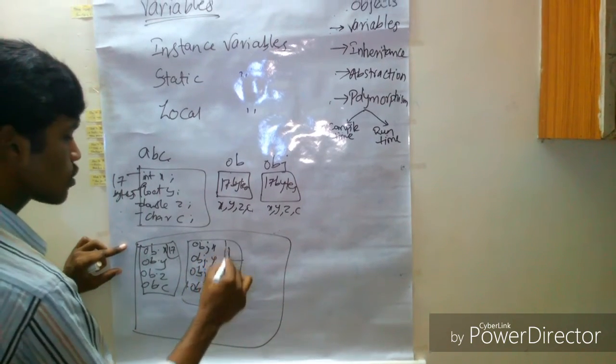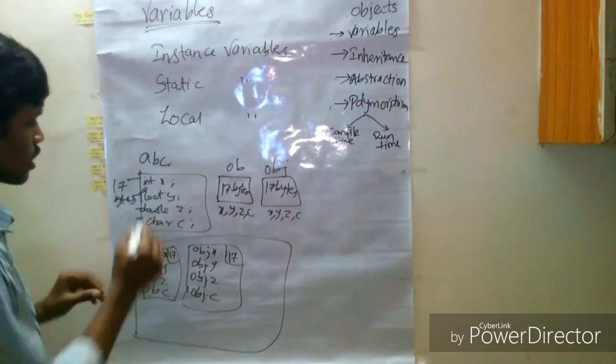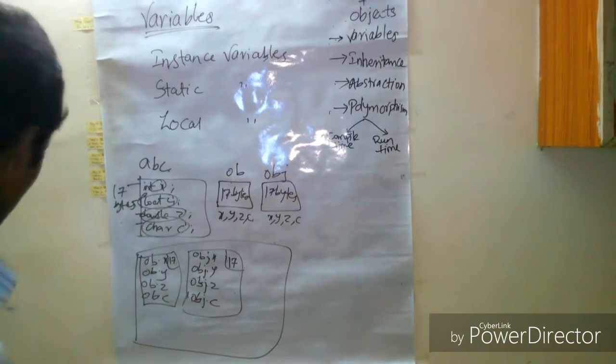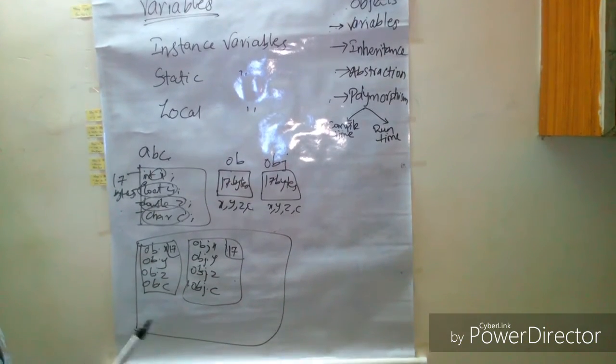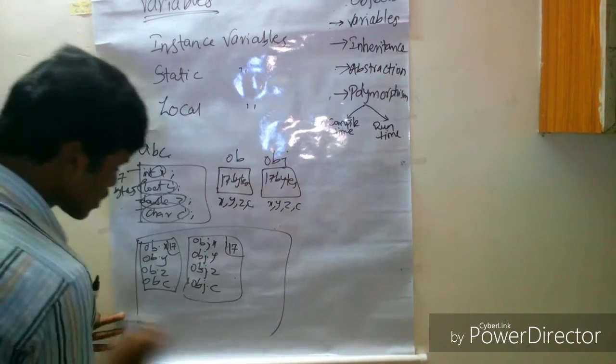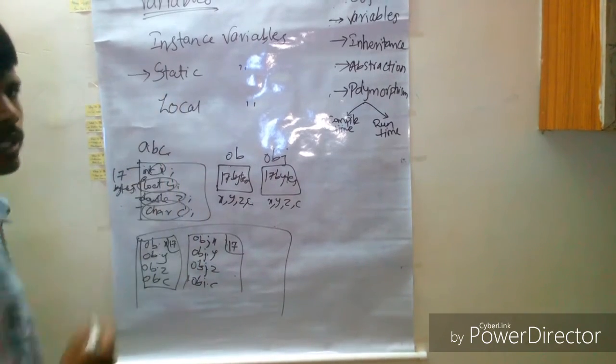Here also it is going to occupy 17 bytes of memory, and these are known as instance variables. Each and every time an object is created, each variable is going to occupy some space. But what is a static variable?